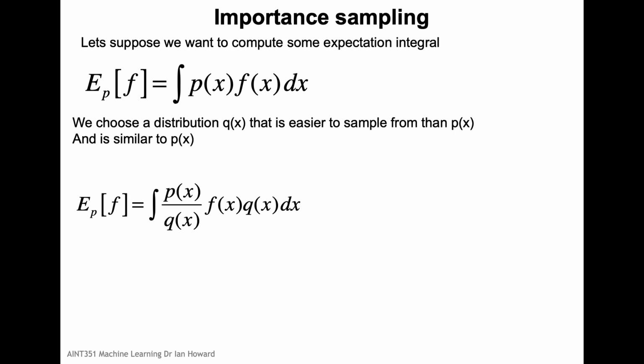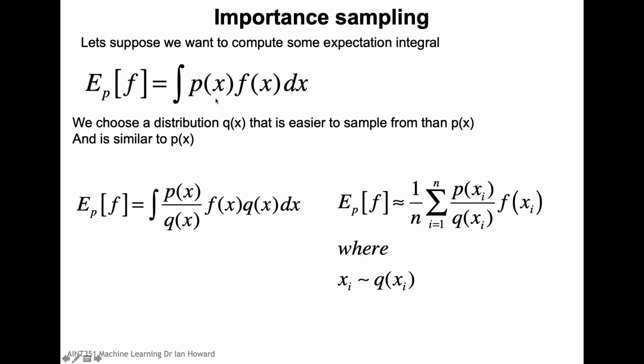What we can do is slightly change this function. Let's say we can't directly sample from P of x, but we can sample from Q of x. So let's put in a couple of Q of x terms here instead. We can write P of x divided by Q of x multiplied by Q of x. As you can see, the denominator term and the top term would normally cancel out, so this is actually the same thing in terms of value as this integral here.